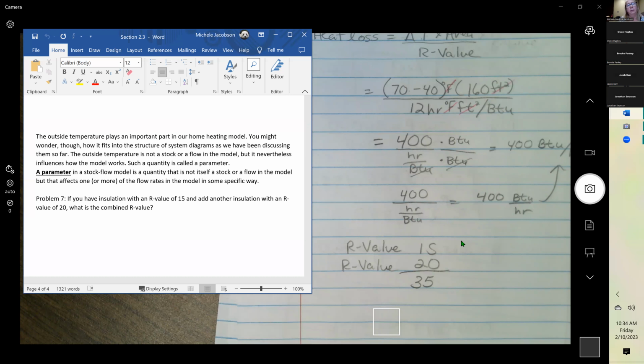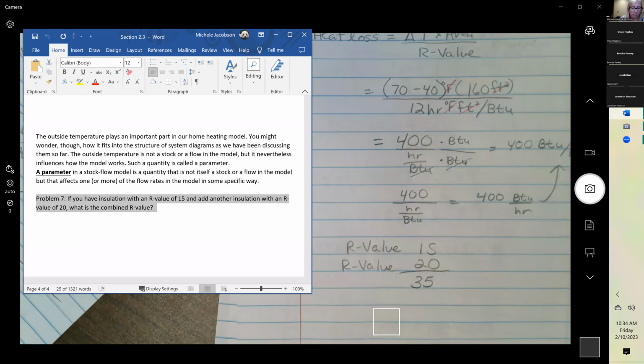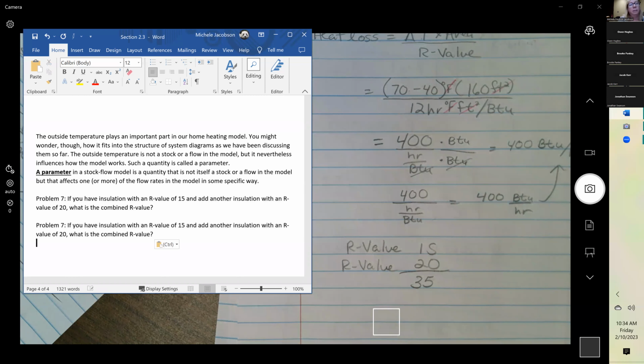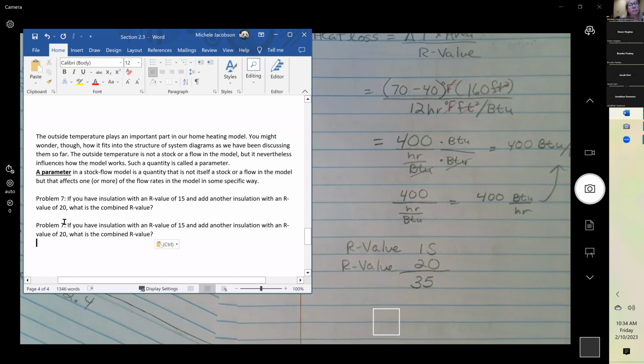Any other questions? So if your outline when you opened it has a 10 here, the answer would be 30. Any questions on that?